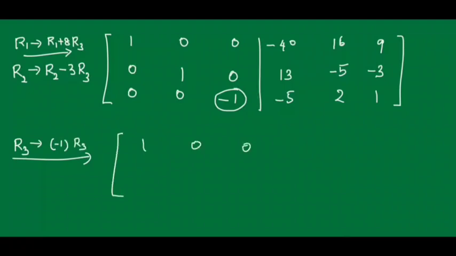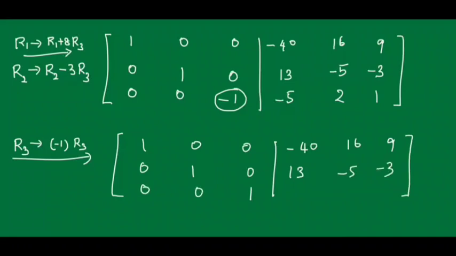R1 and R2 remain the same. Elements of R2 are 0, 1, 0, 13, minus 5, minus 3. Now R3 we are multiplying with minus 1: 0, 0, 1. Now it becomes 5, minus 2, minus 1.